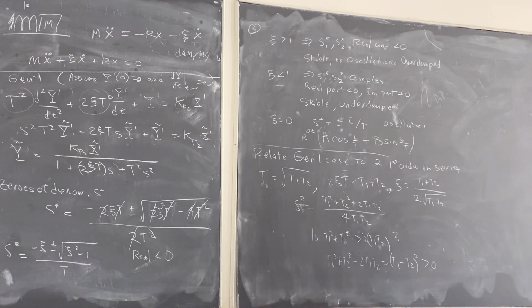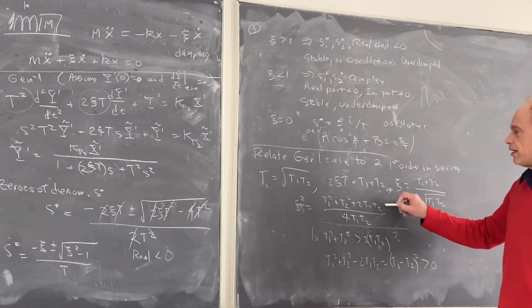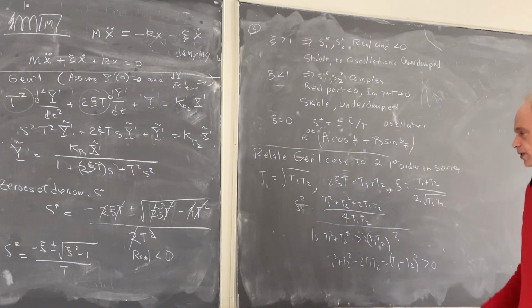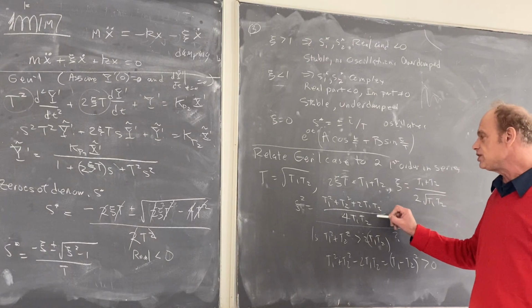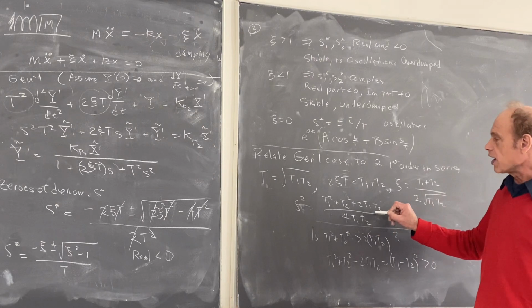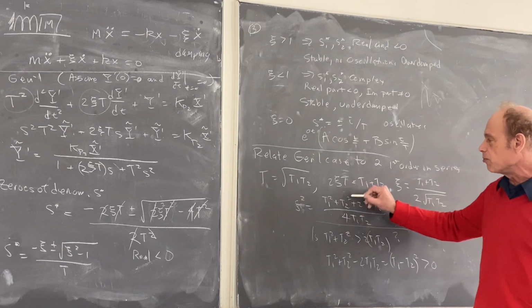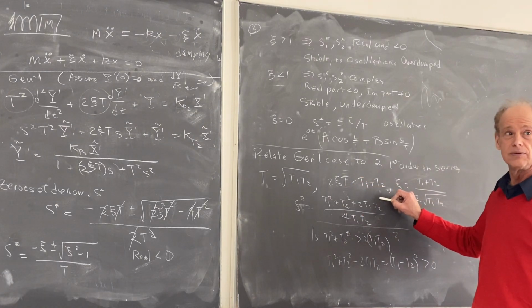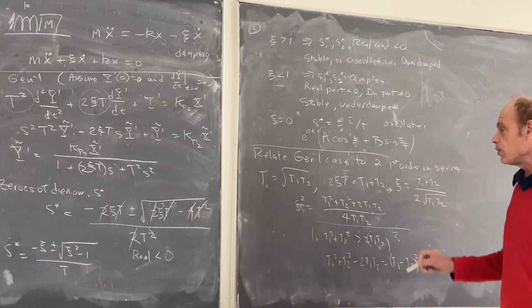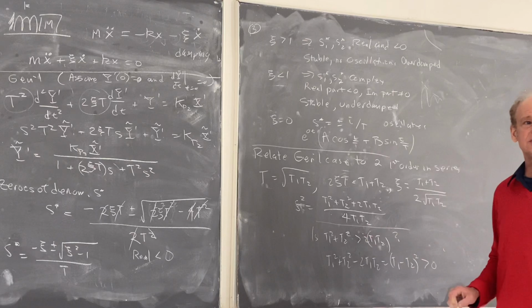So if we look at the numerator, I've got a 2T1, T2 plus T1 squared plus T2 squared. And the denominator, I have 2T1, T2 plus another 2T1, T2. So what I want to check is what I'm adding in the numerator to 2T1, T2 is bigger than what I'm adding in the denominator. So what I'm adding in the numerator is T1 squared plus T2 squared.